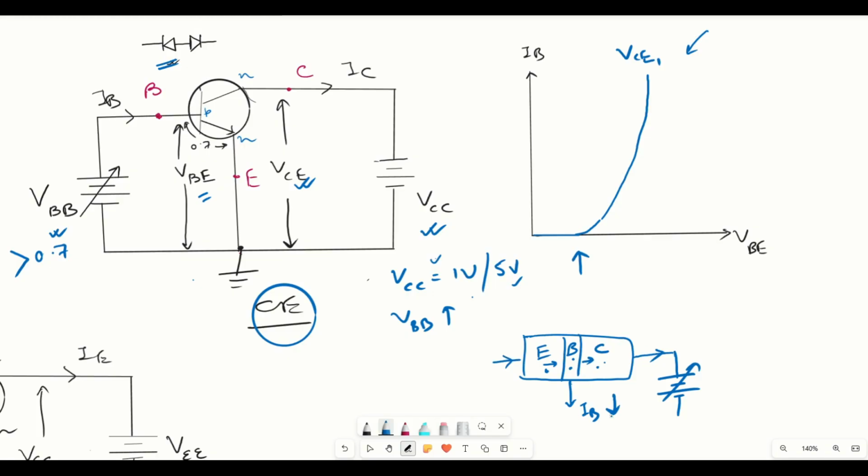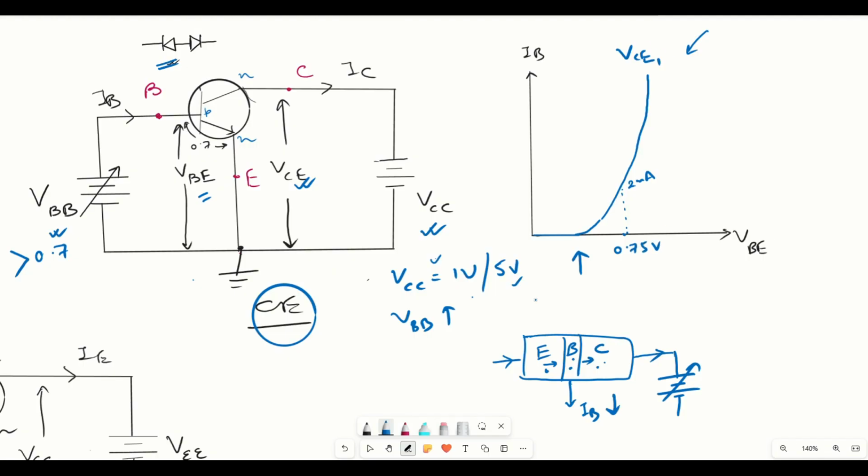So if IB is going down, then the response of the IB will be lesser if we increase the value of VCE. So suppose we are getting a current of, let us consider, 2 milliampere across this point, which would be around, suppose, 0.75 volts.